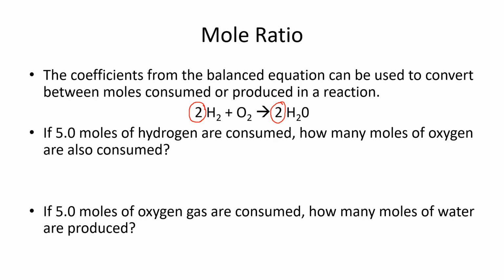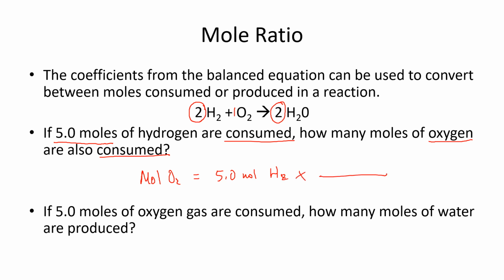So that mole ratio, the 2 to 1 to 2, is something you can use to interchange or to convert between different quantities used in a chemical reaction. So let's use an example here. We got 5 moles of hydrogen used up. How many moles of oxygen are consumed? And again, factor label method is great for keeping all this stuff organized. So we are looking for moles of oxygen that's consumed, and we are starting with 5.0 moles of hydrogen that are also being consumed.